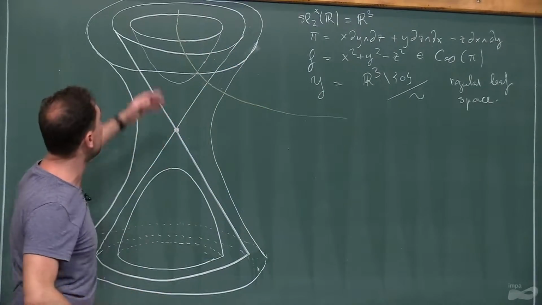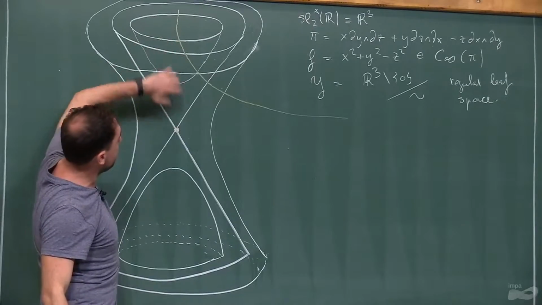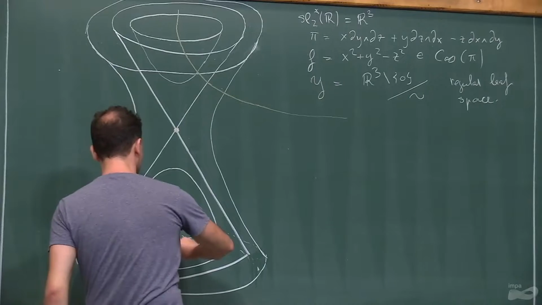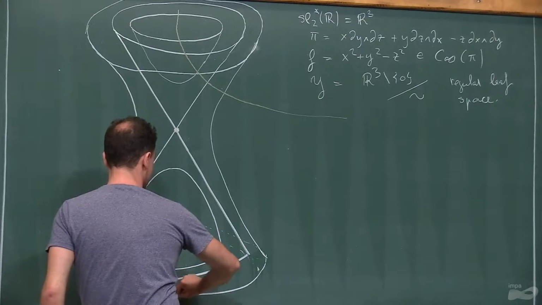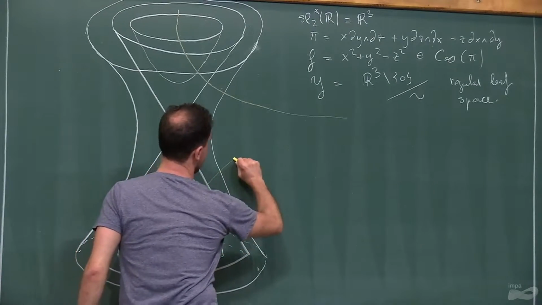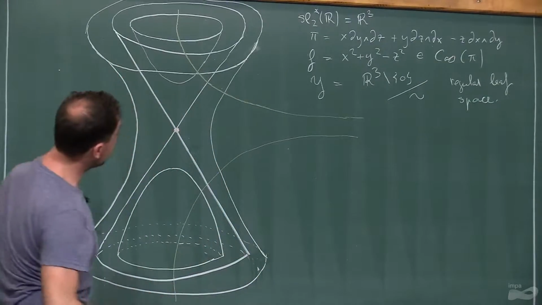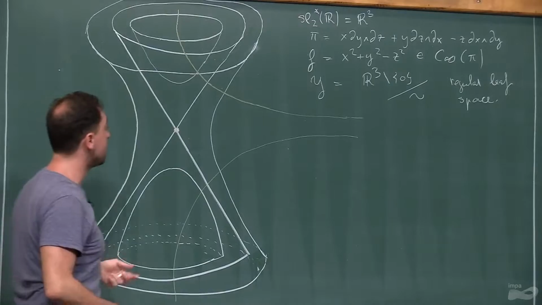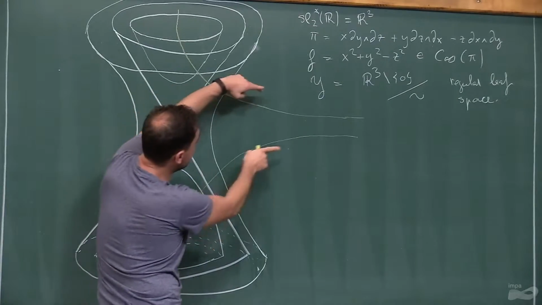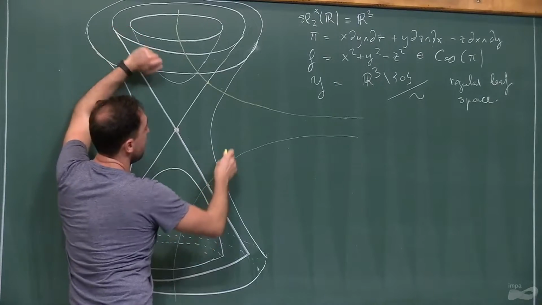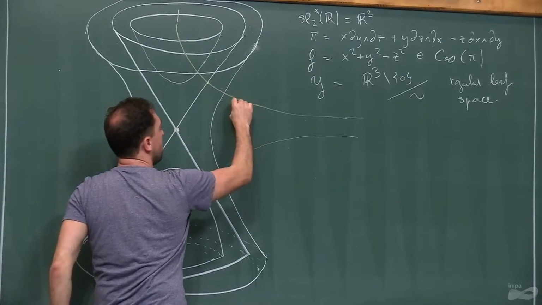Such a line will cut all the leaves besides the one in the lower cone. So I'll add another such line from z at minus infinity and do the same thing. And these two lines will cut all the regular leaves, but then when they get outside of the cone, here and here, you have to start identifying the points.